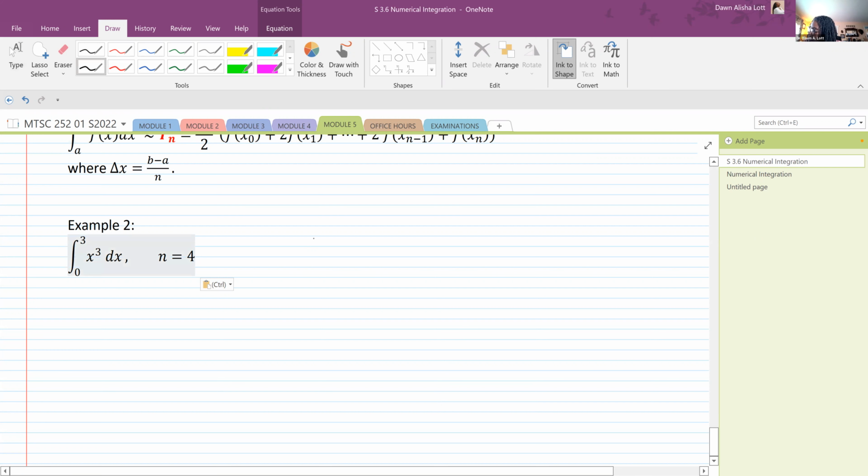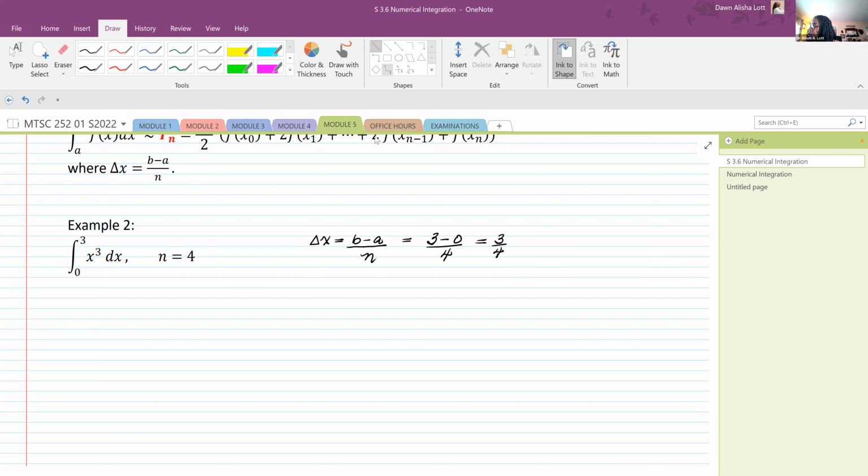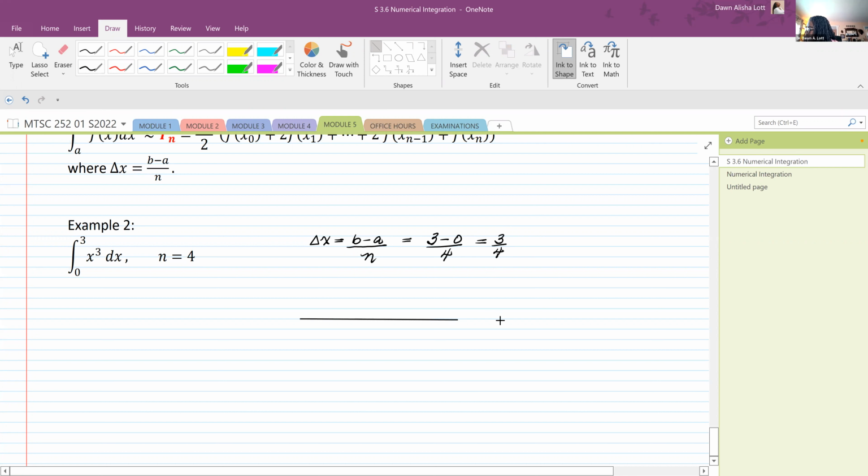Delta x, again, is b minus a over n. So that's going to be 3 minus 0 over 4. So again, delta x is 3/4. Okay, so therefore now, I have this.